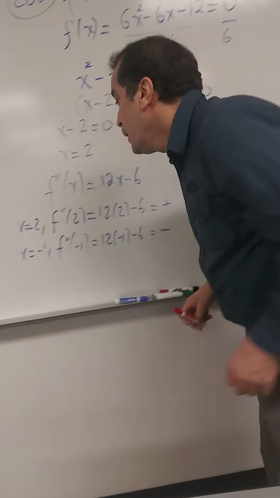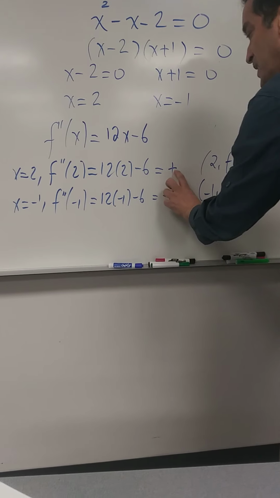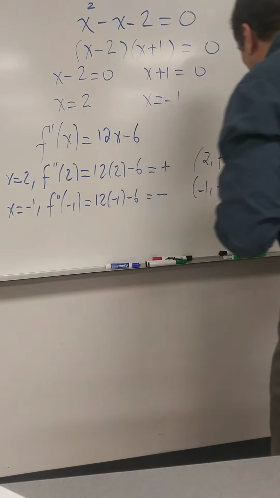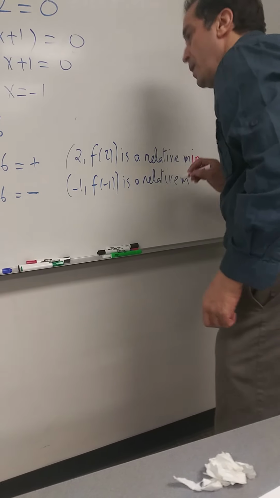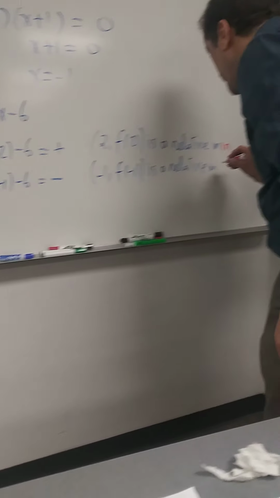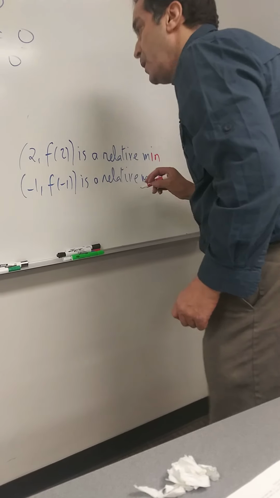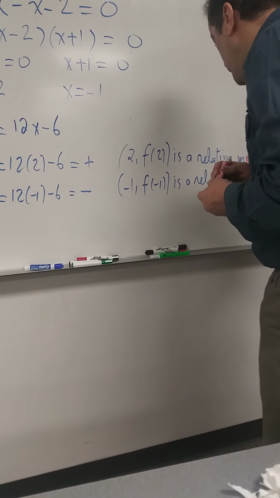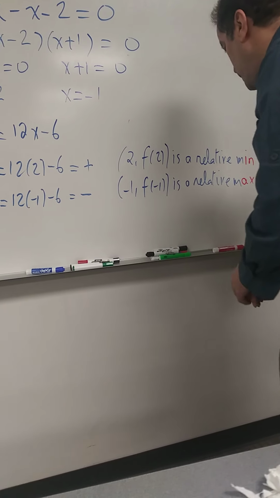The second derivative was positive here, so that makes this point a minimum. The second derivative for minus 1 was negative, so that makes this point a maximum. So f of 2 is the relative minimum, f of minus 1 is the relative maximum.